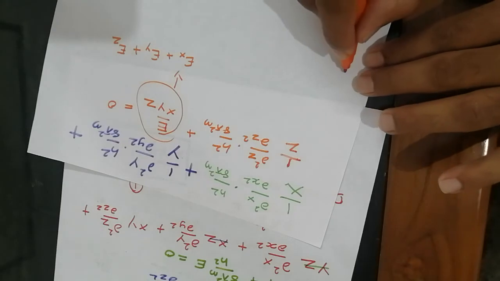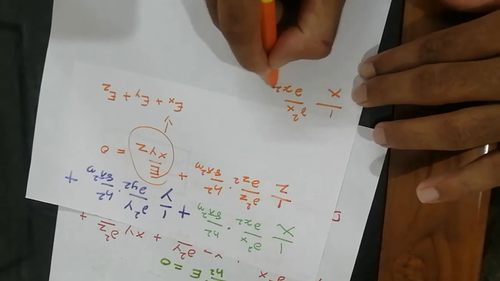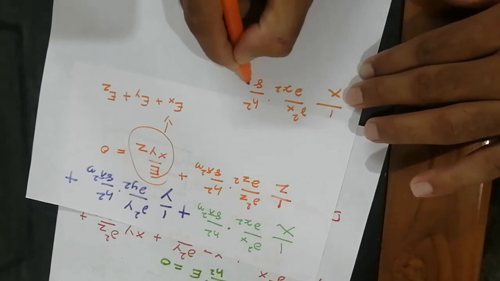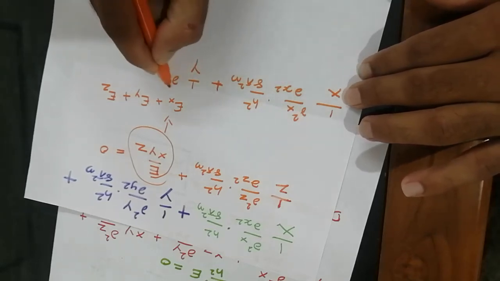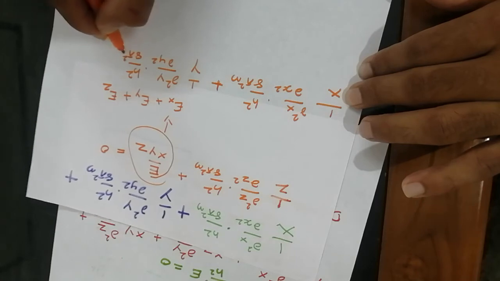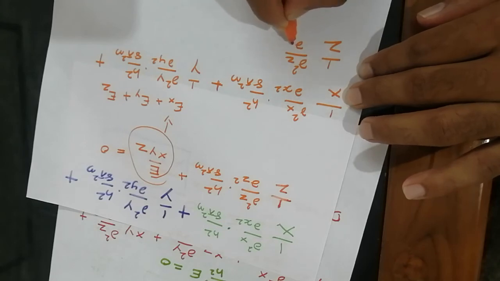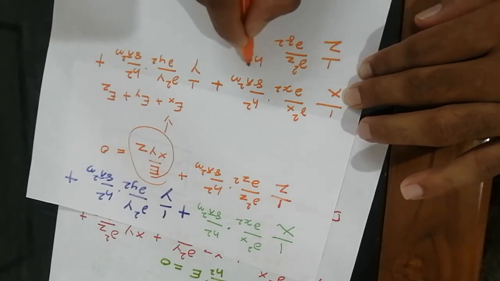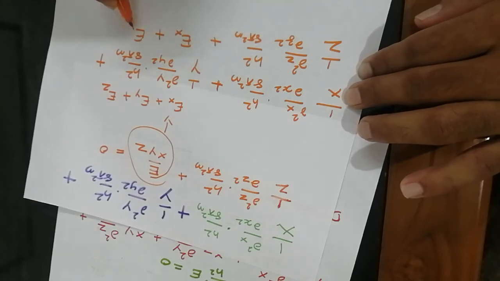Therefore, our equation will be like this: 1 by x dou square x by dou x square h square 8 pi square m plus 1 by y dou square y by dou y square h square 8 pi square m plus 1 by z dou square z by dou z square h square, this is capital letter, this is small letter, 8 pi square m plus ex plus ey plus ez is equal to 0.